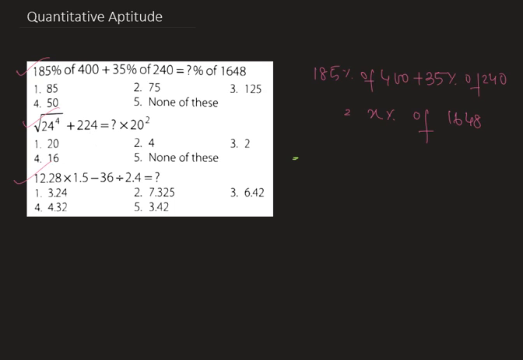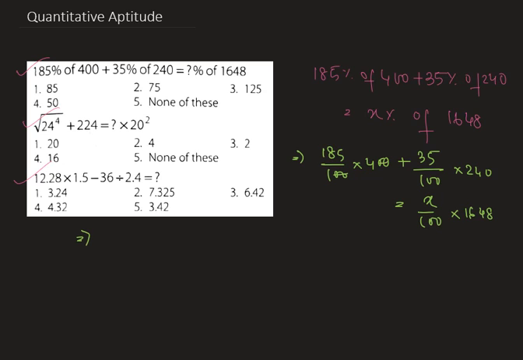Therefore we can write it in this way: 185% means 185 divided by 100 multiplied by 400, plus 35% means 35 divided by 100 into 240, is equal to x percent, which means x divided by 100 into 1648.